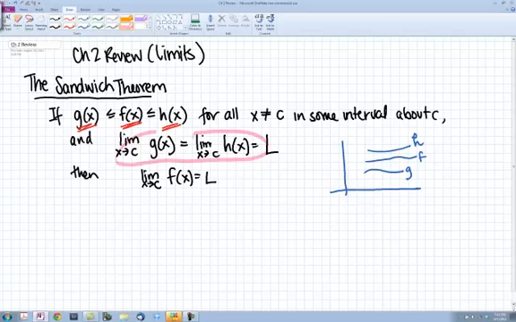It says that if the limit of g and h as x approaches some x value c equals the same thing, then it's going to squeeze f together. So it actually has to look something like that, for instance. It's going to squeeze the function f right in between, and it forces it to be a particular limit. So maybe it'll make a little bit more sense if I show you this next example.